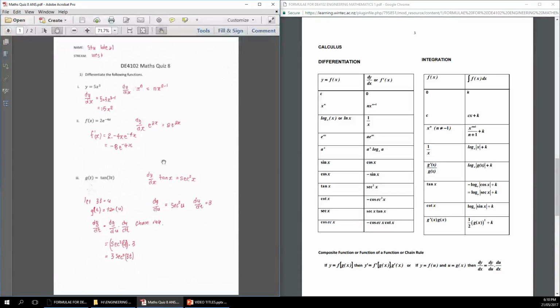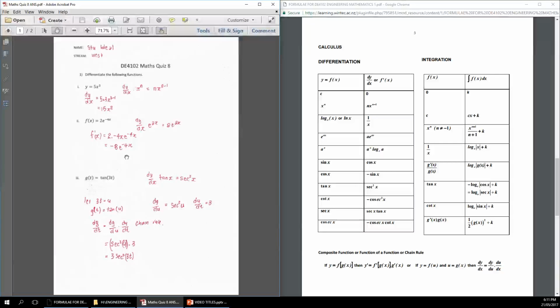Right, next one, f of x equals 2e to the negative 4x. Once again, I went to my formula sheet and found which one applied: e to the ax gives ae to the ax. So that one there is 2e to the negative 4x.